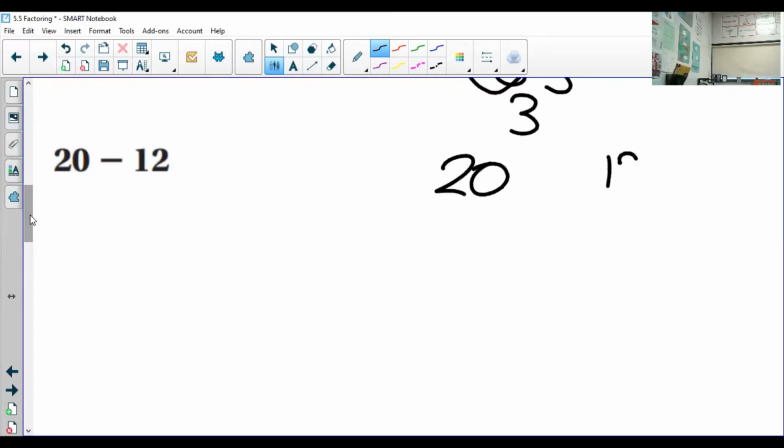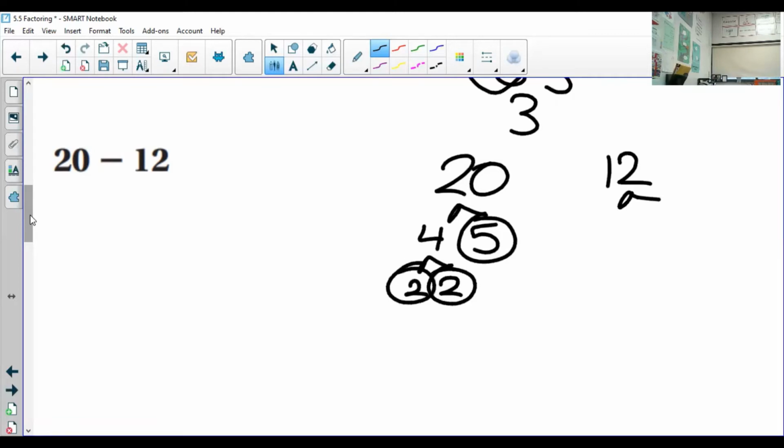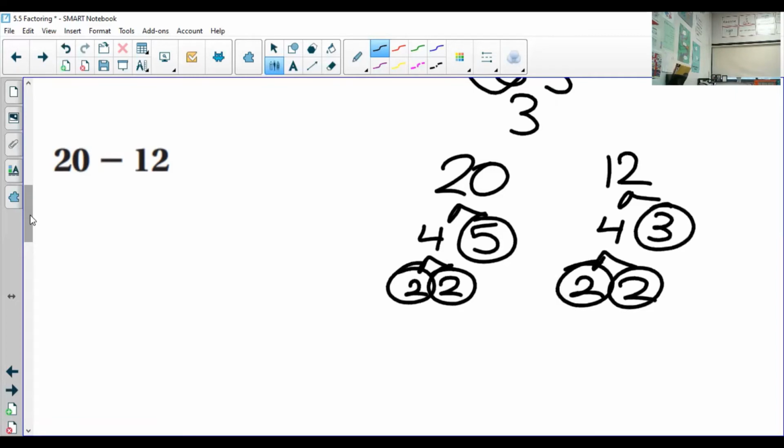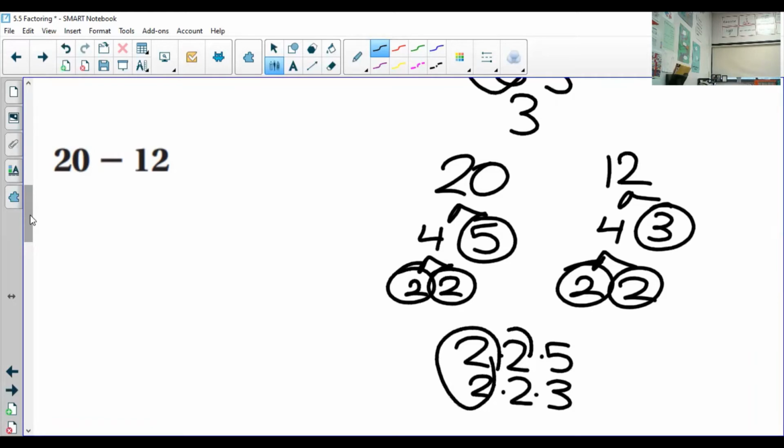Greatest common factor of 20 and 12. Here we go. Remember, it doesn't matter what numbers you use because no matter what, at the end, we will all end up with the same thing. All I do is circle the prime numbers and list them out, smallest to largest. Circle the pairs.